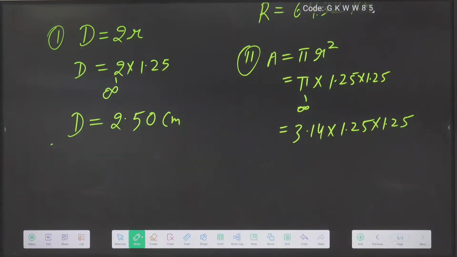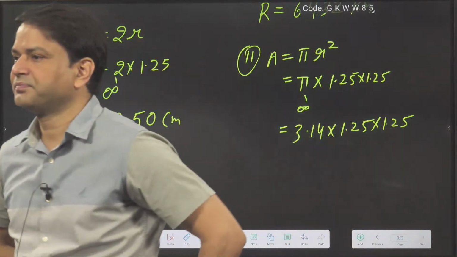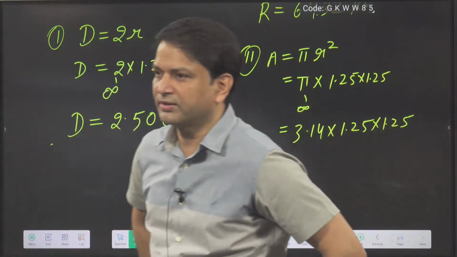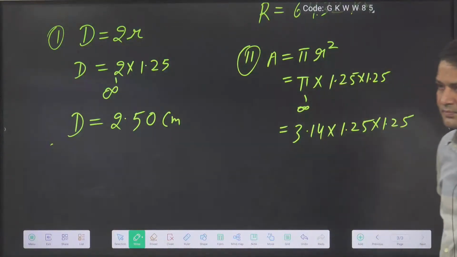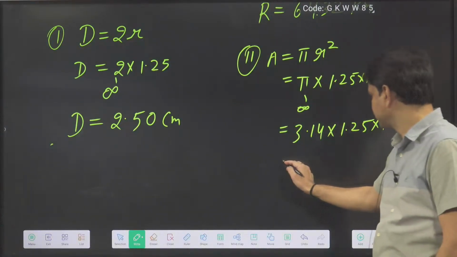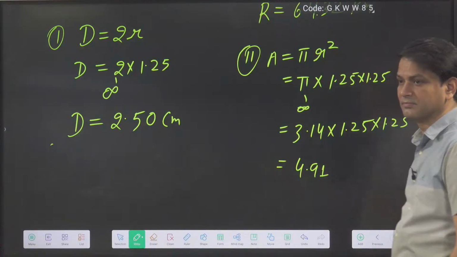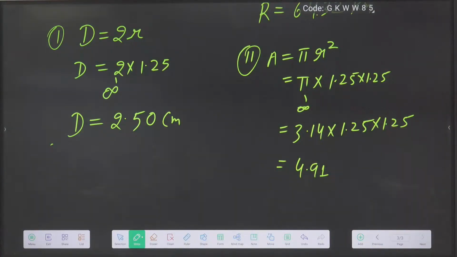Completed? Anybody will say the answer? 4.91. Sure? 1.56. Wow. 4.91, 1.56.